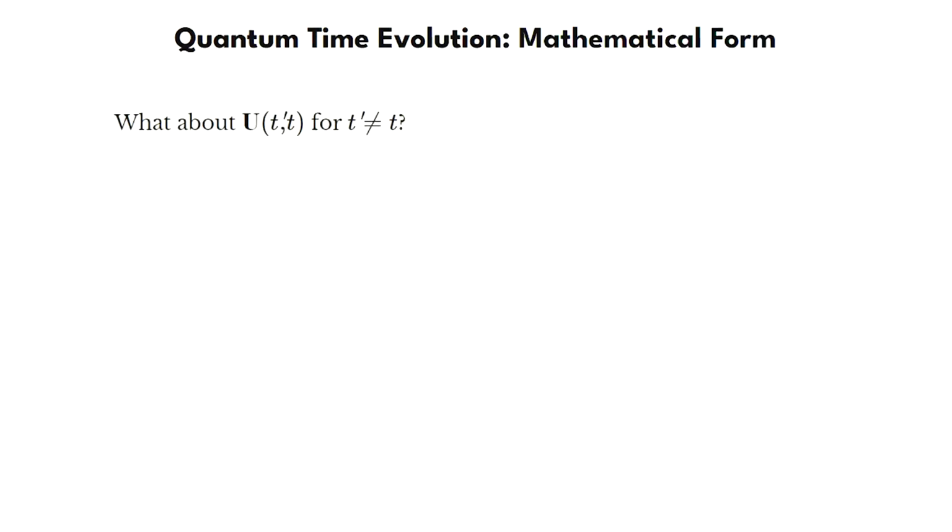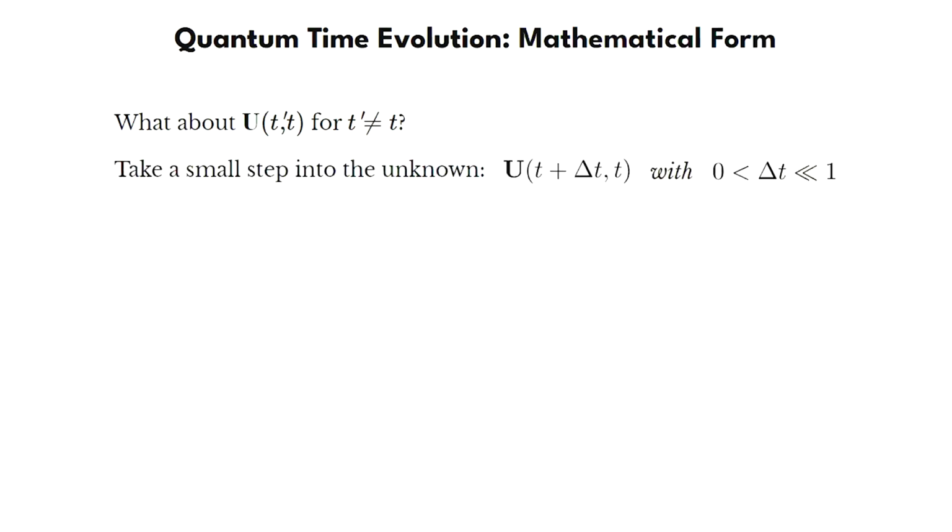Then now let's get a bit more ambitious. We're trying to find what are the U that can take you not only from the current state to the same state, but from the current state to a state somewhere in the near future. So this is equivalent to writing down U in this form: the transformation taking the state at t to the state at t plus delta t. Delta t is something very small, like milliseconds or even smaller.